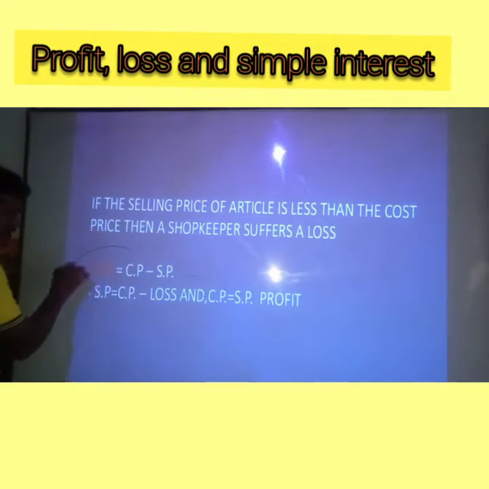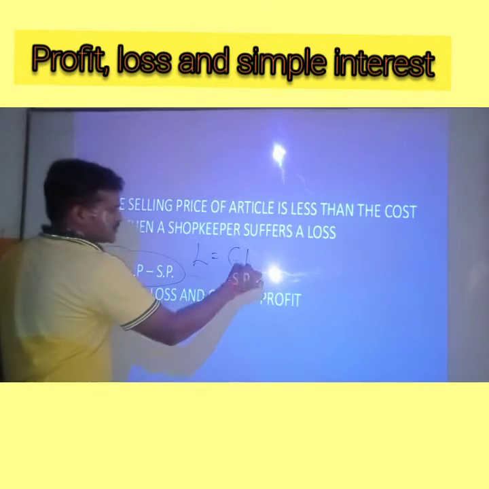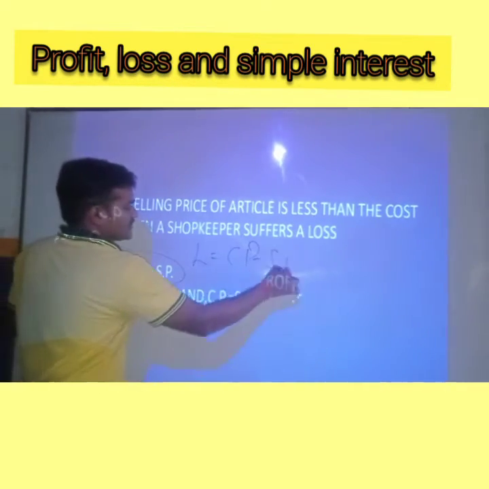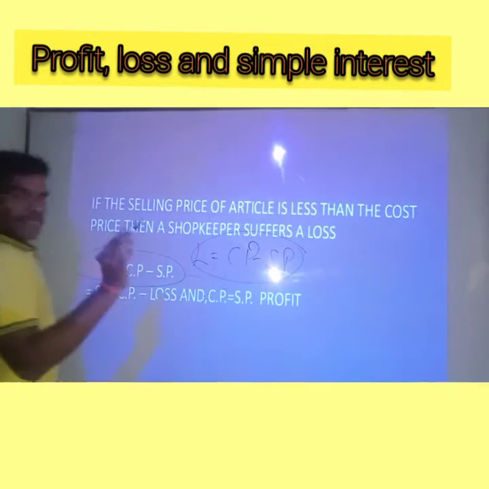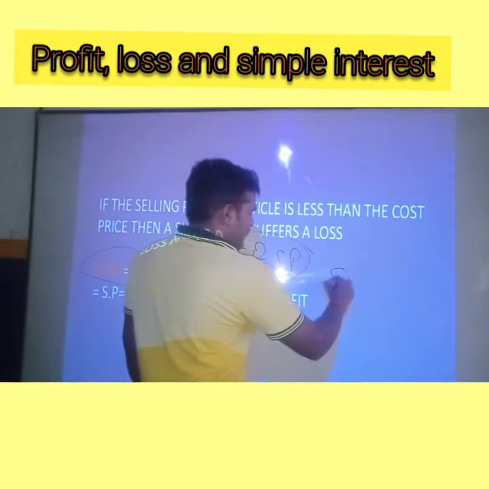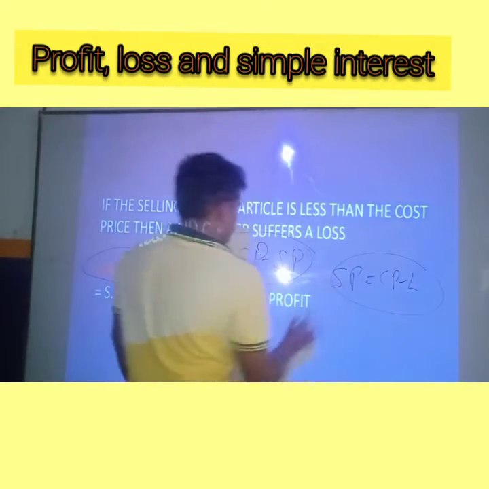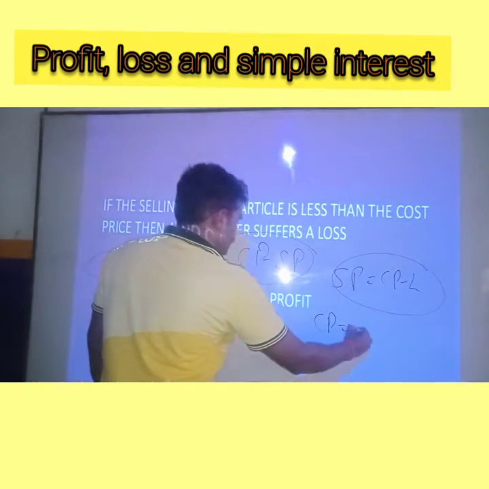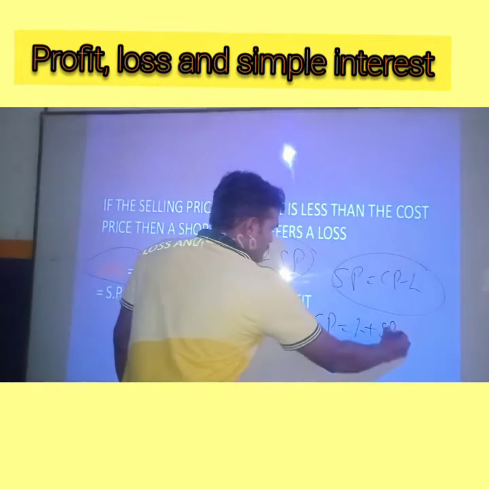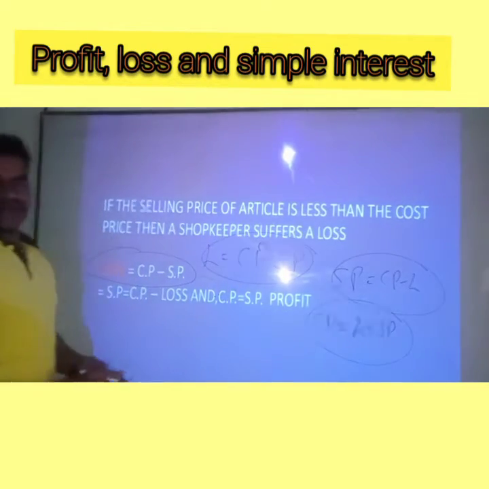Loss is equal to CP minus SP. And if you want to find SP, SP is equal to CP minus loss, and CP is equal to loss plus SP.